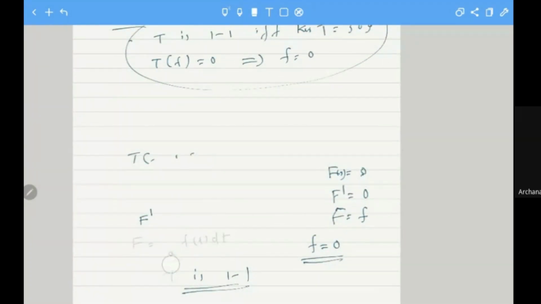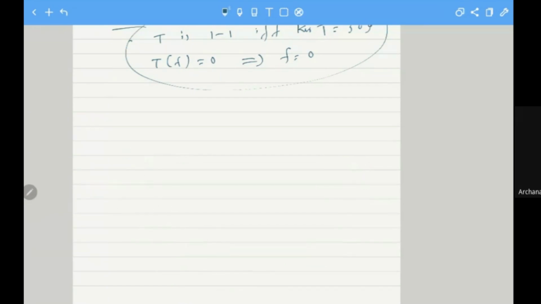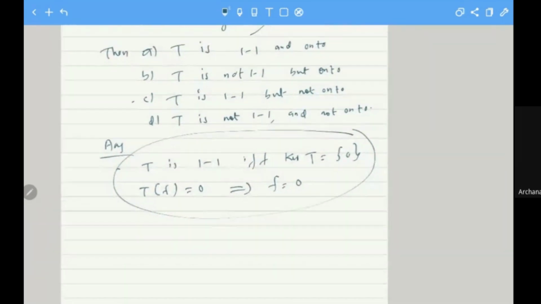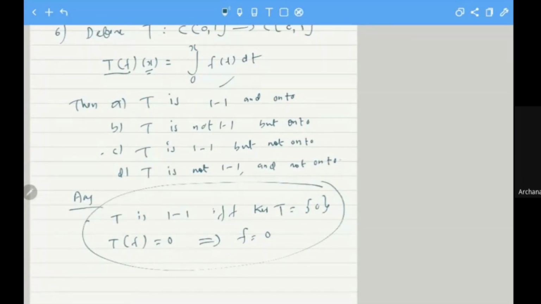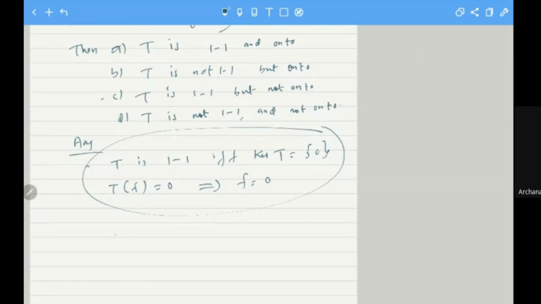We are getting differentiable functions, but take a continuous function which is not differentiable. Let f be any element of C[0,1]. Then what will be the image T of f at the point 0?